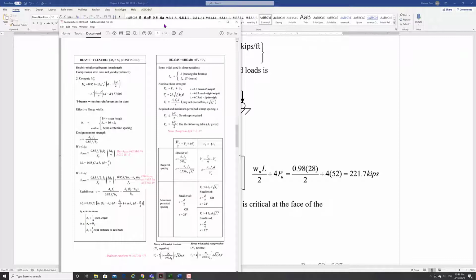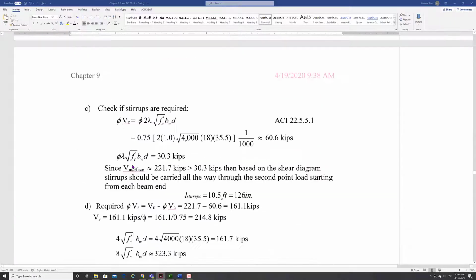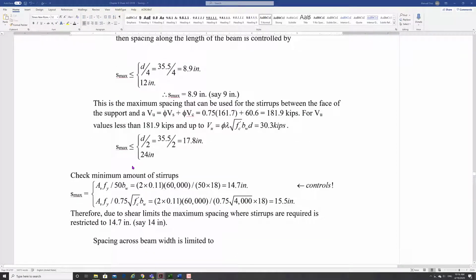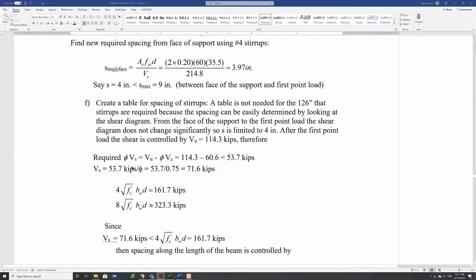And so my S required for 114.3 is like you have a new diagram here. Like your beam starts here and you have to check what you need. That's all we're doing: rechecking from this point what happens. And I do that, and I found that my spacing is 11 inches now.